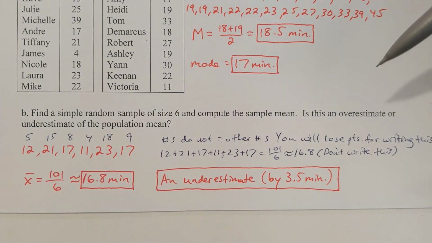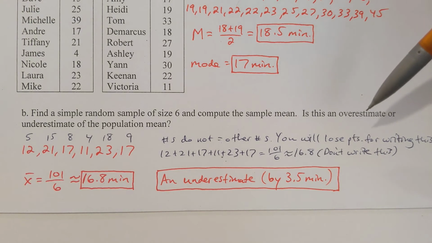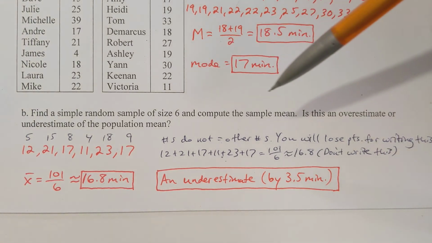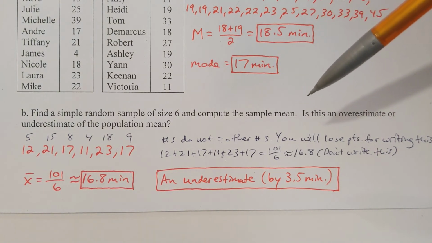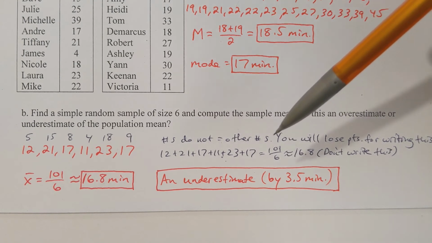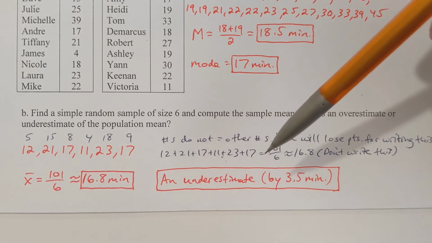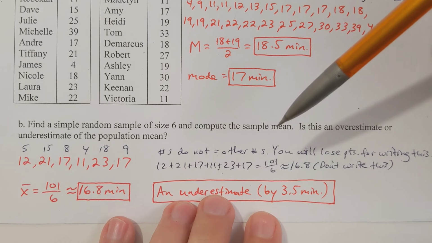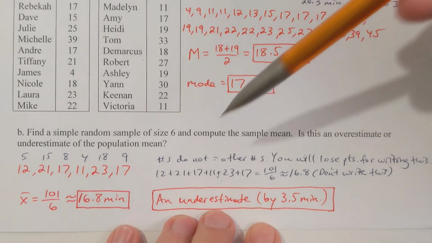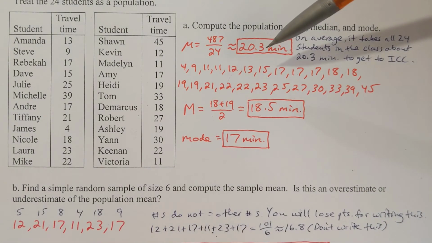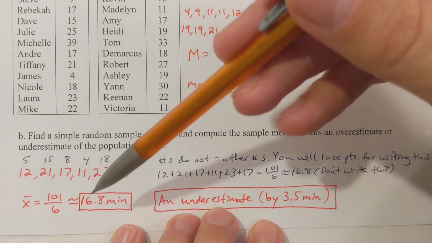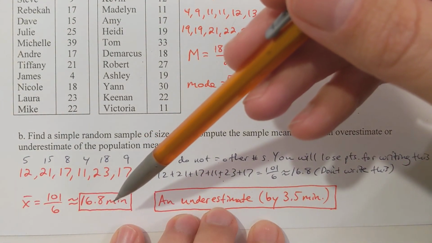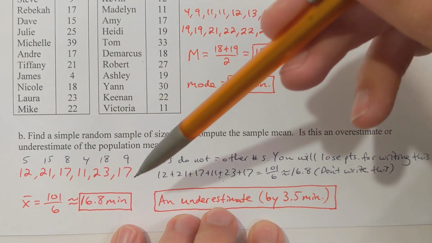Now the follow-up question: is this an overestimate or an underestimate of the population mean? Well, this would be an underestimate because the true average that it takes all 24 students to get here in the morning is 20.3 minutes. So we got 16.8 in our selection of 6.